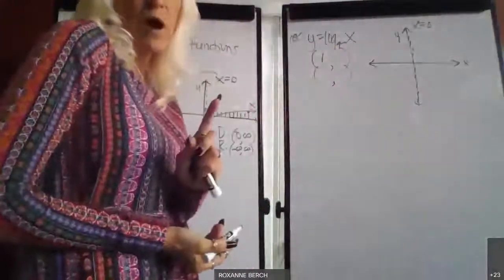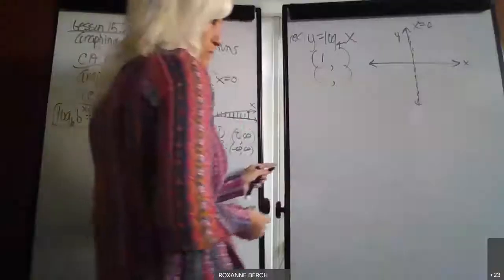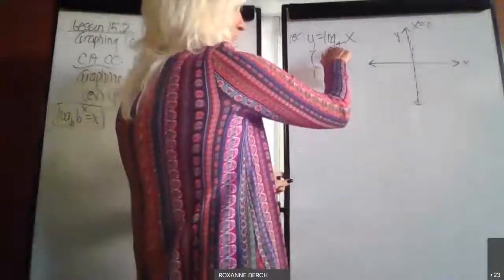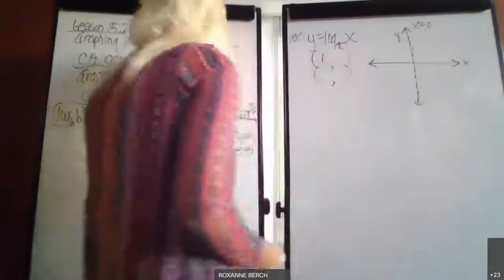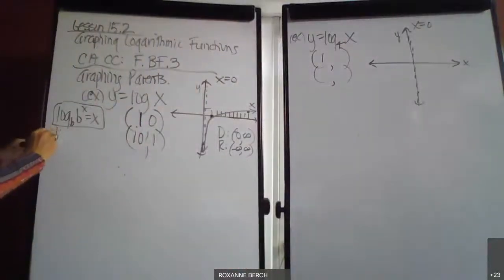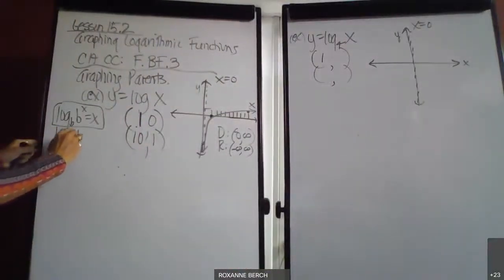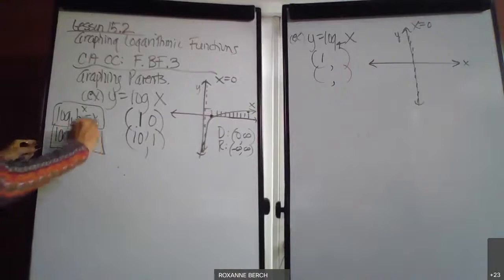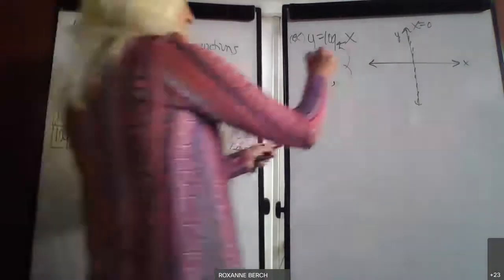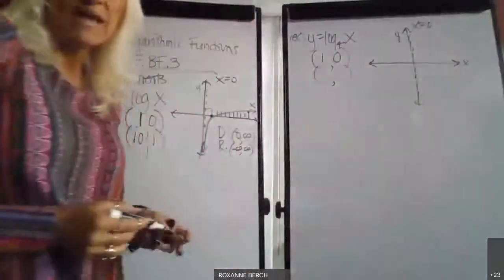So here's the first property. Log base 4 of 1 is what? 0. Okay, give me another nice x.